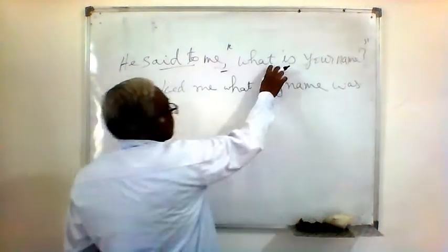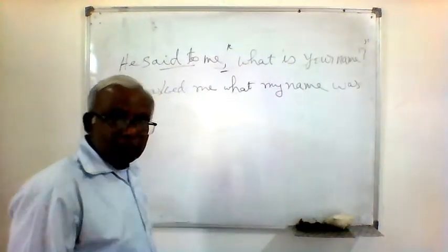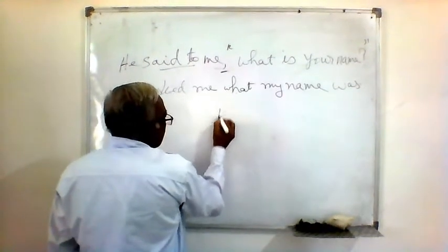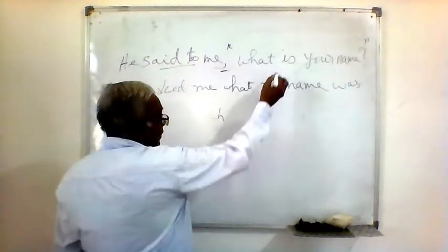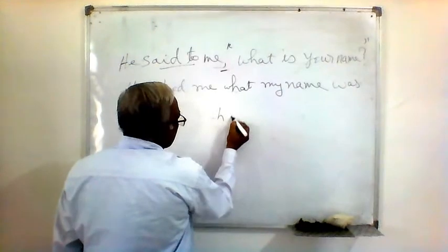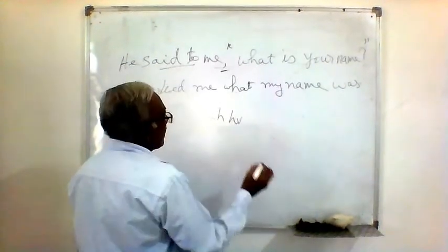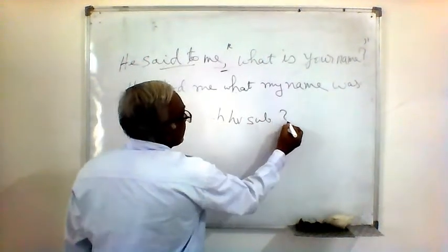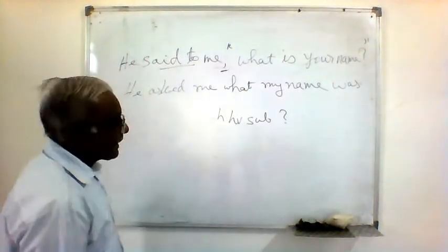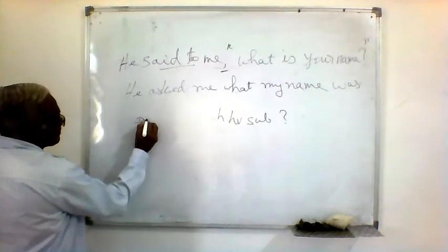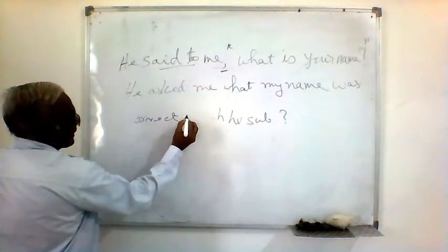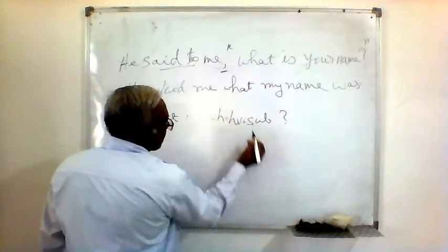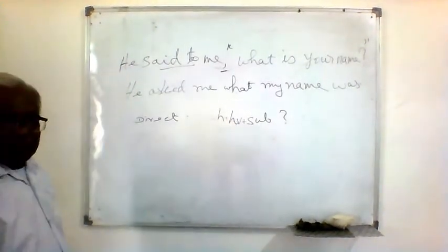If you carefully observe these two, there is a change in structure of the sentence. Here came "what," the WH word, followed by the helping verb, and followed by subject. This is the structure in the original direct speech: what plus helping verb plus subject.